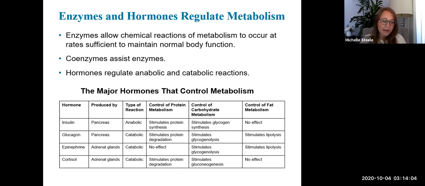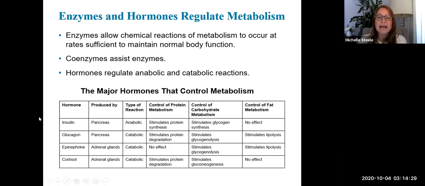So whether I'm sitting on my couch, I need those enzymes to be working to facilitate my ability to sit on a couch and pay attention, or sit here and give a lecture. Or if I'm running a marathon, I'm going to have some enzymes working overtime to help facilitate those reactions in order to compensate for whatever needs I may have.